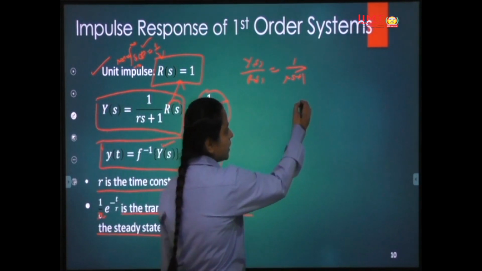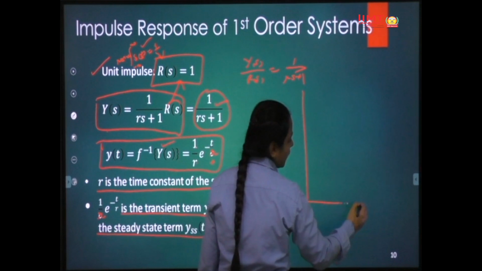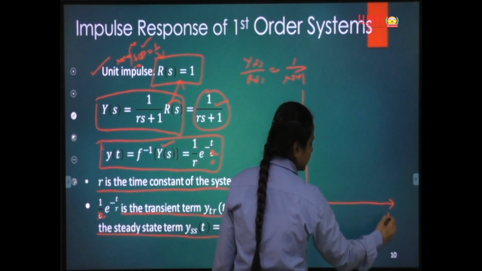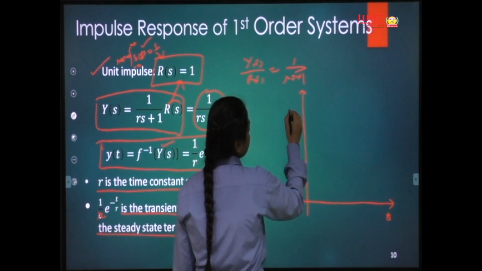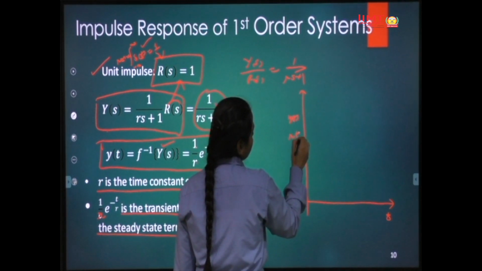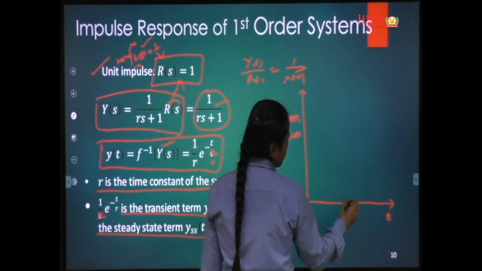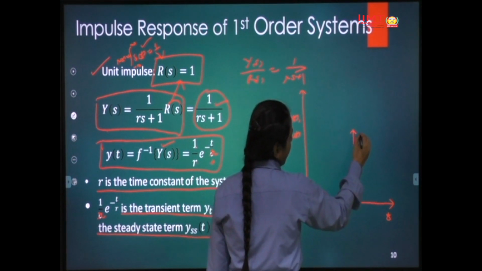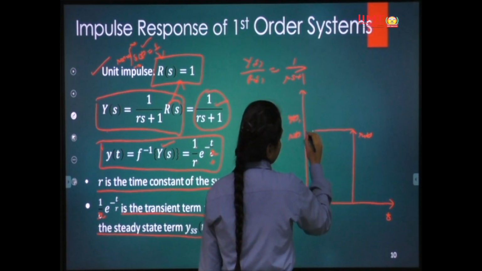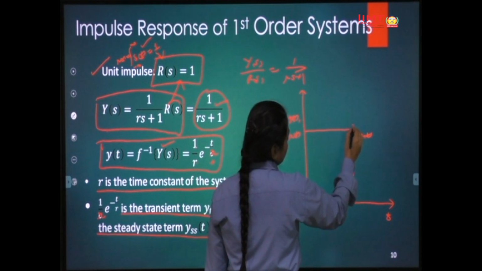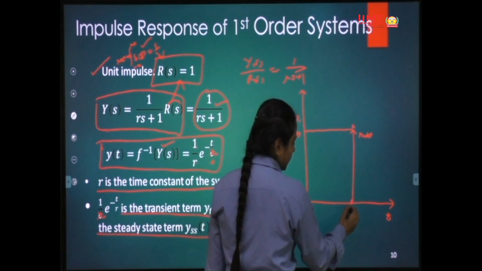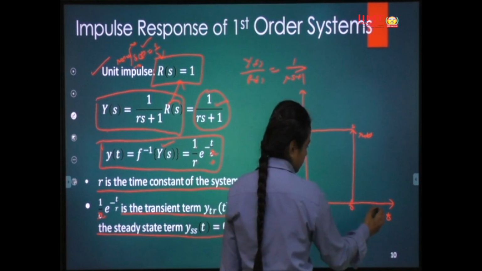So if we draw the graphical representation, we have this is y(t) and r(t). Okay, so this is your r(t), this is 1, and this is 0, this is minus 1, and this is 1.